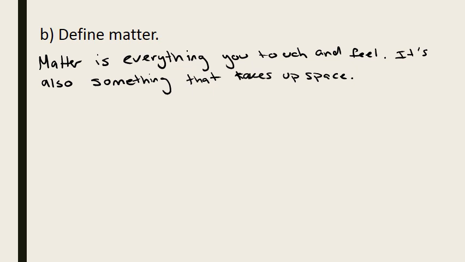So for example, a chair is matter, a table is matter, even you are matter. But for example, air is not matter because we can't touch it and we can't feel it. And it doesn't take up space.